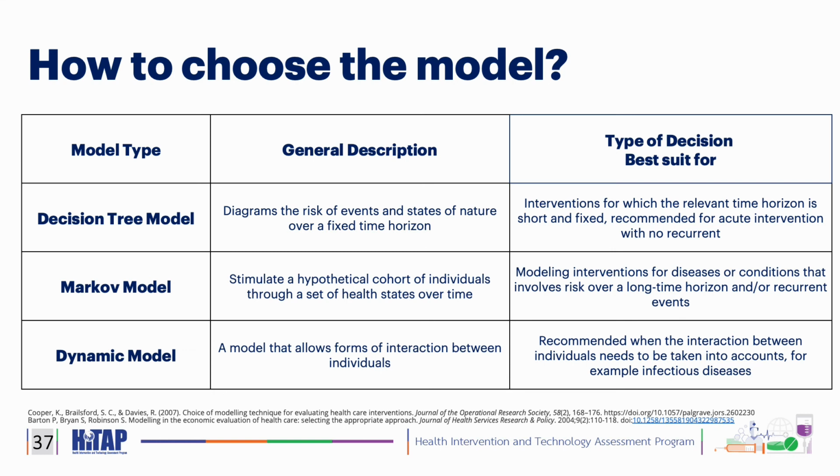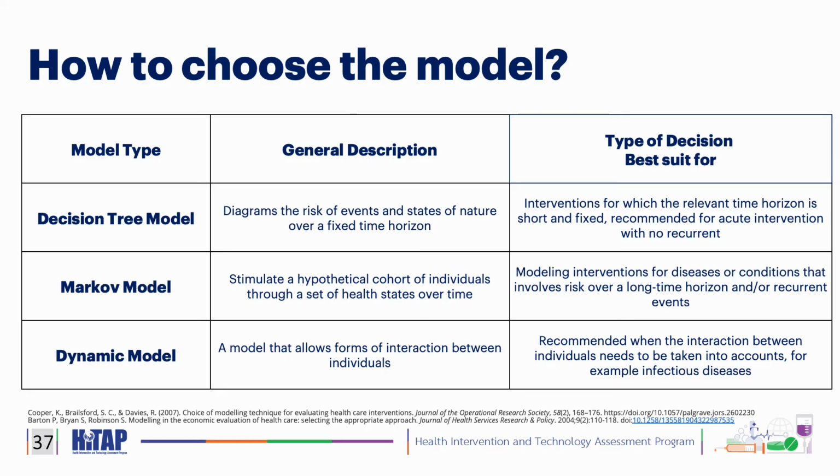I would say it is best suited for interventions where the relevant time horizon is quite short or fixed, and I would recommend it for acute interventions with no recurrence, because as you can see in the model, recurrence is not allowed to occur, right?